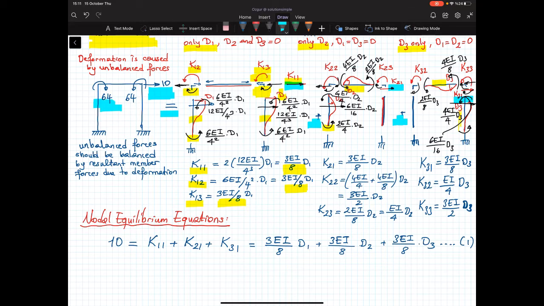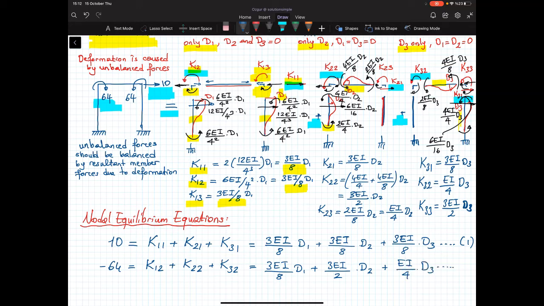Minus 64 is equal to K12 plus K22 plus K32, and that will be equal to 3EI over 8 times D1 plus 3EI over 2 times D2 plus EI over 4 times D3.